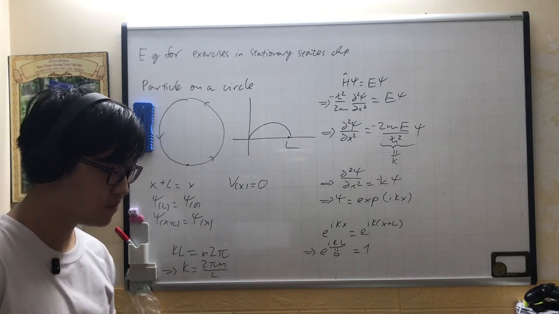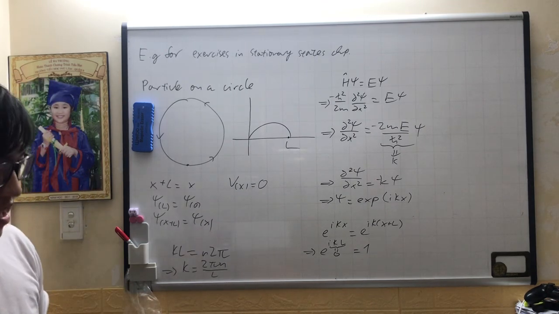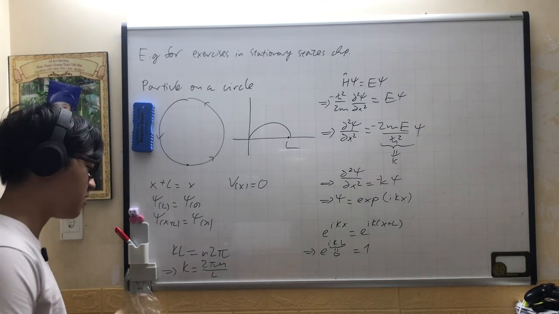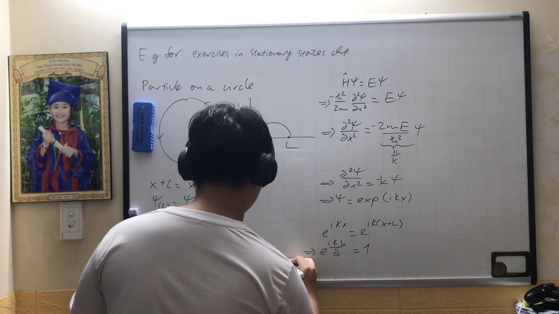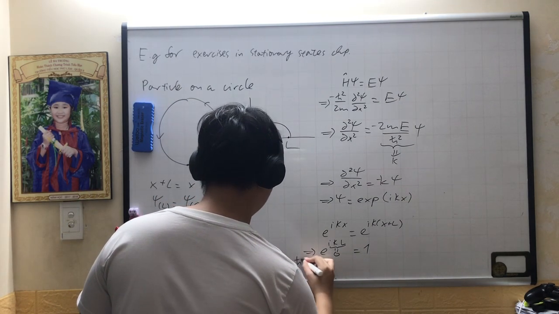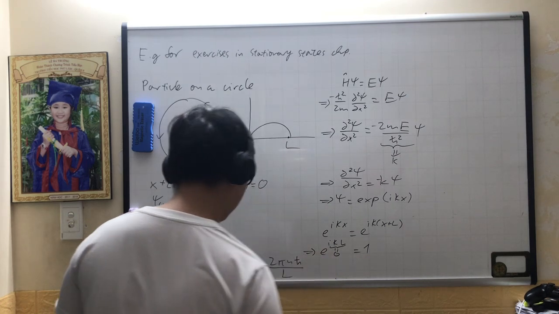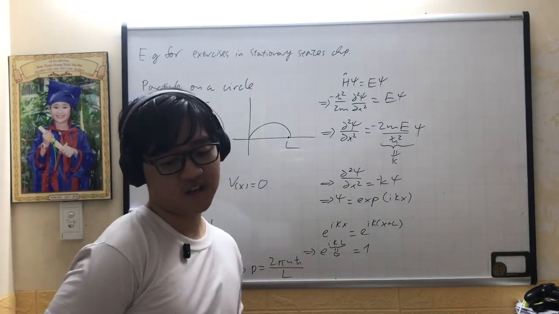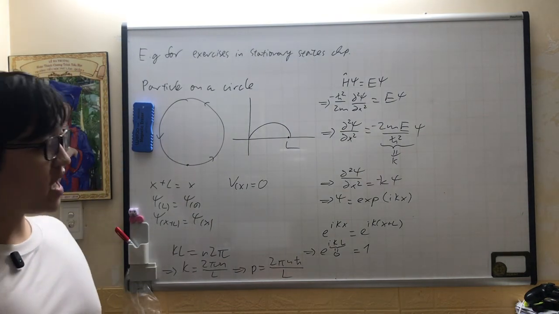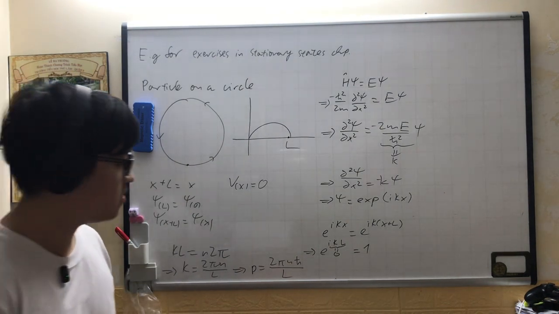Now we can consequently get our p as well. From here, your p is just k times h bar. Remember that? What we want ultimately is to get our energy, right?